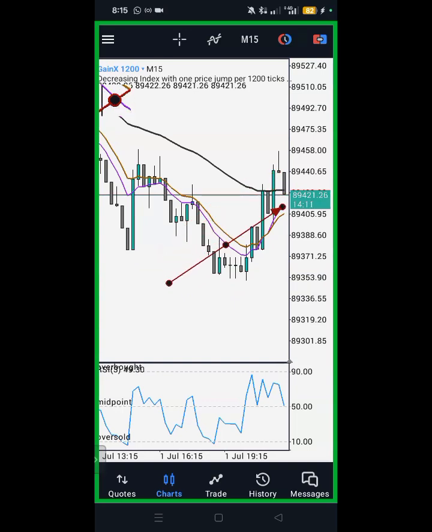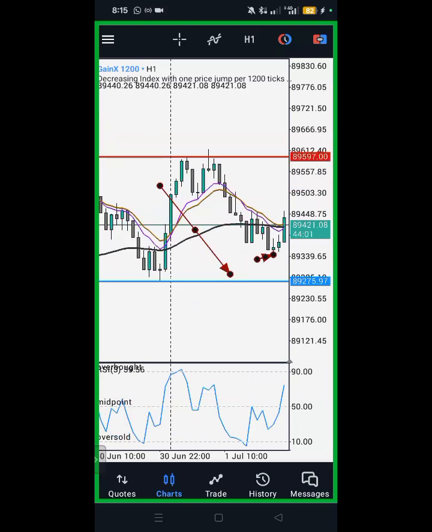If you start counting, where is it heading to? My brethren, this market is heading all the way to where this arrow is pointing. That's where it's headed to. The only reason it will not get there is because of this engulfing pattern here.